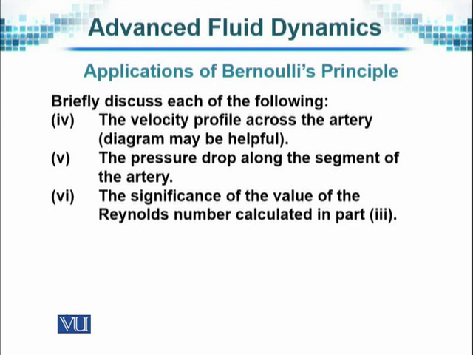Then the pressure drop along the segment of the artery, and the significance of the value of the Reynolds number. This is an extension of the first three parts. There they need to calculate them, and in the second part, they say briefly discuss their significance. So that is the question.